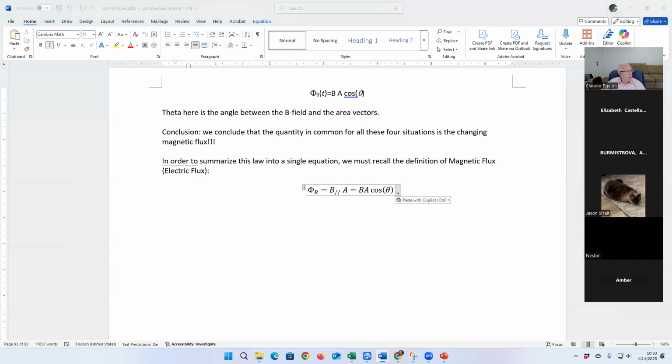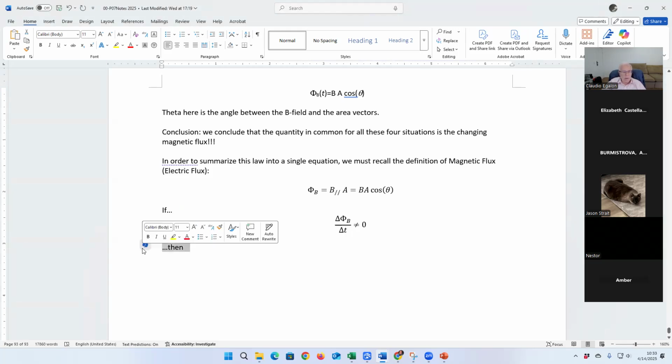So if the change in magnetic flux this time is different from 0, we do have a current induced in our circuit. Okay? If it is different from 0, then you induce a current in a circuit.